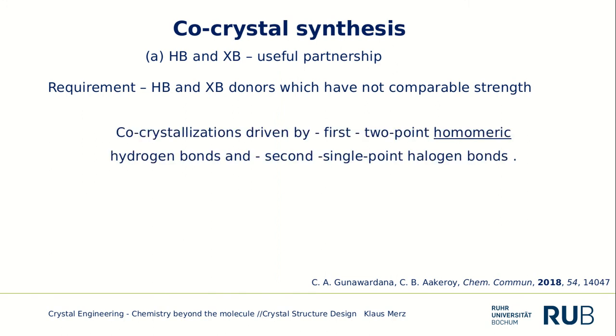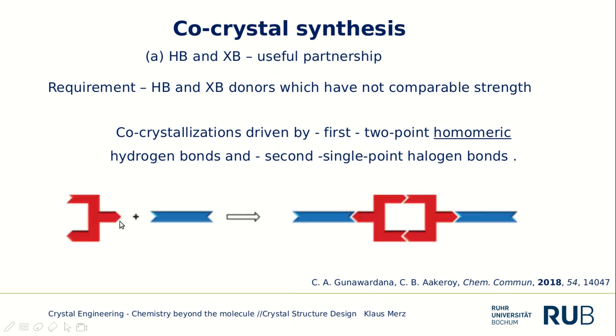And very nicely here in a sketch, what we have seen with this co-crystallization: a 2-point homomeric hydrogen bond, and additionally a second, single point halogen bond. Homomeric, and here the second single point.